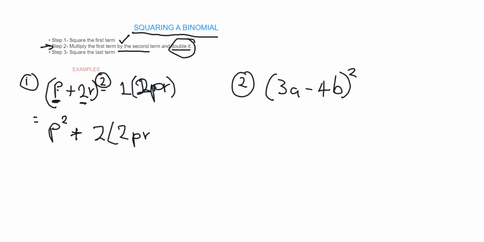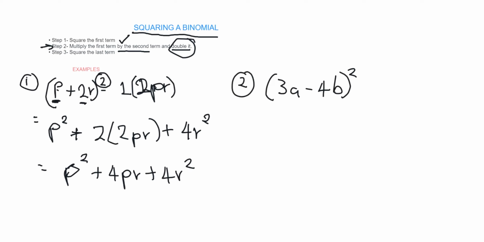And then the last step states that you need to square your last term. How can you square the last term? You simply say, what is 2 squared? This is going to be 4, and r is going to be r squared. So your answer is going to be p squared plus 4pr plus 4r squared.